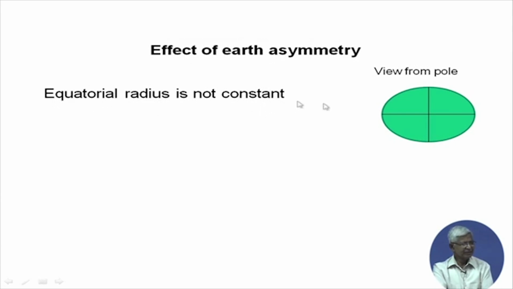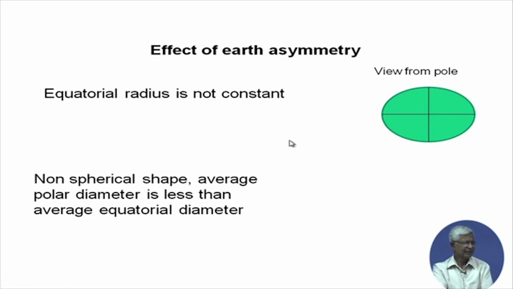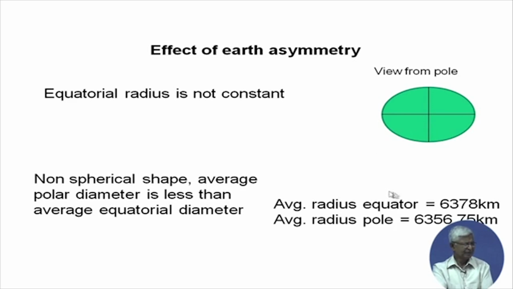The equatorial radius is not always constant. Earth is slightly bulged at the equator. Now, non-spherical shape: the average polar diameter is less than the equatorial diameter. I have taken from some books that the average equatorial radius is 6378 and the one at the pole is 6356.